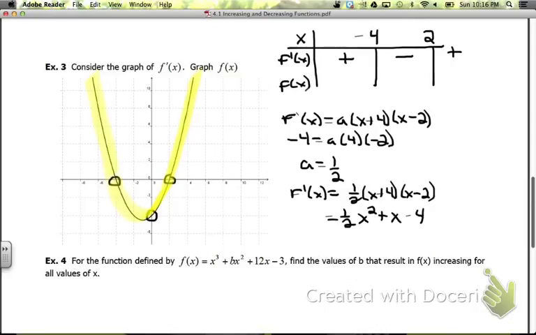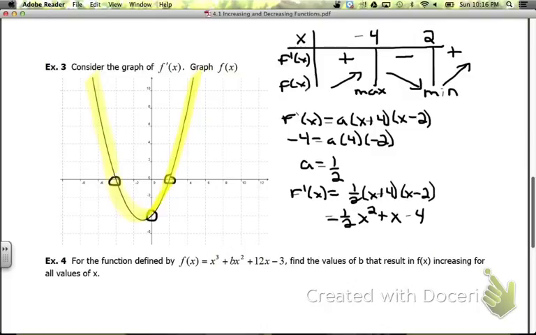So therefore, when we have a positive derivative, we know our f of x would be increasing, negative would be decreasing, and positive once again would be increasing. So therefore I know that I'm going to have a max at negative 4 and a min at 2.